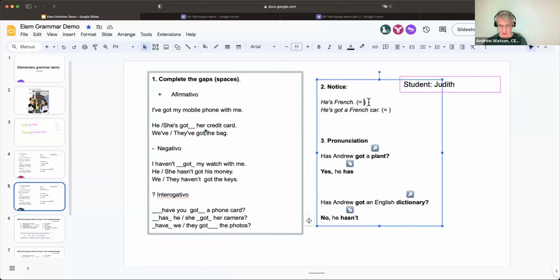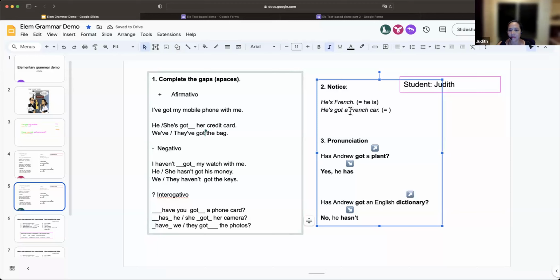Now, let's have a look at this example. He's French. Does that mean he has French or he is French? Do we use the verb to be when we're talking about nationalities, or is it the verb have? He is French. Right? He's got a French car.